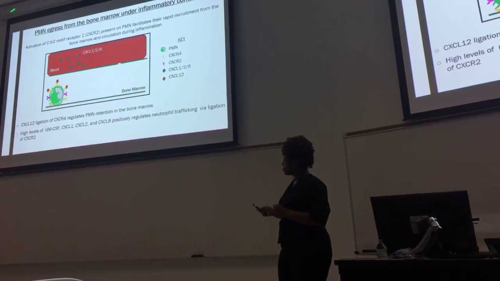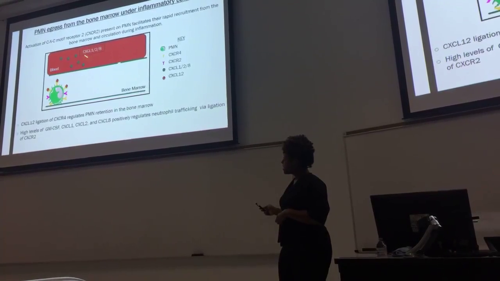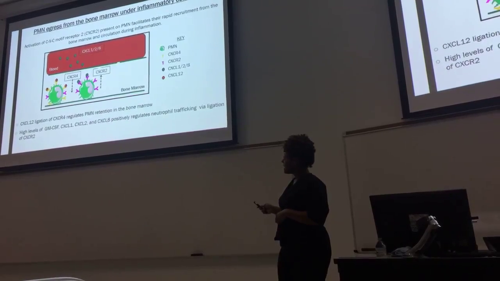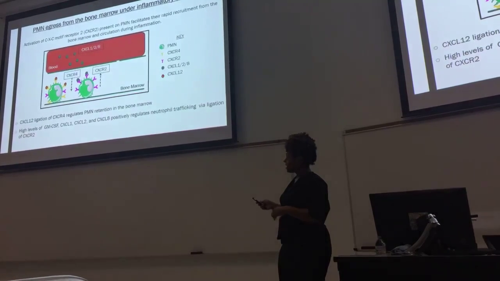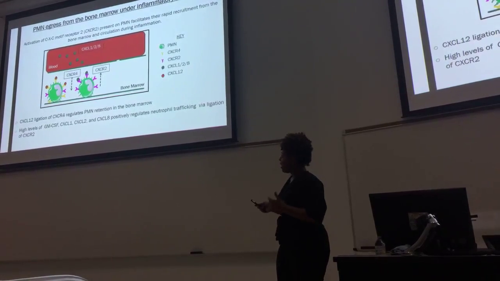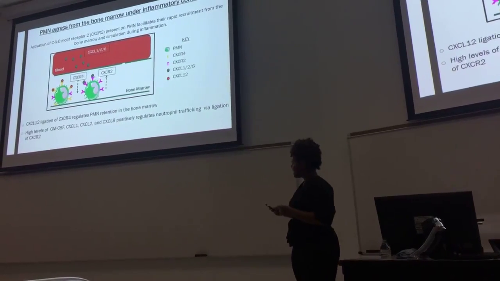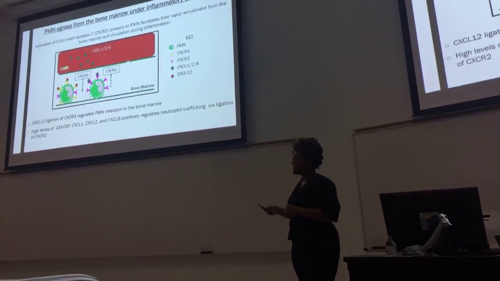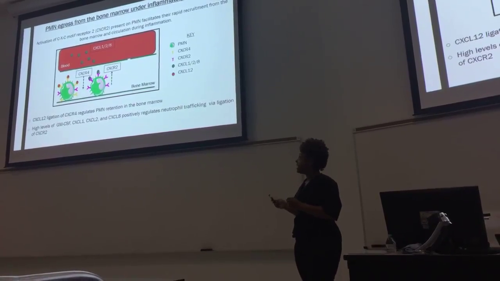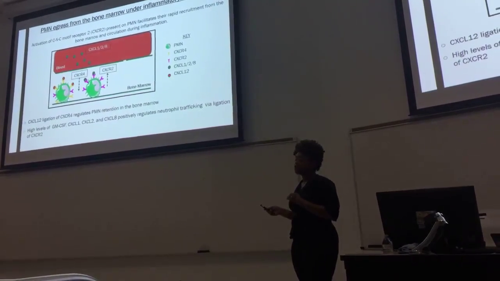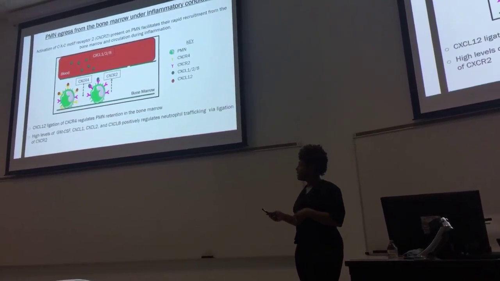Under acute inflammatory conditions, high expression of chemokines CXCL1, 2, and 8 in the serum can bind the CXCR2 receptor, which is their receptor, on the surface of PMN in the bone marrow. This binding inhibits that CXCR4 retention signaling and increases the expression of CXCR2 on the surface of PMN.